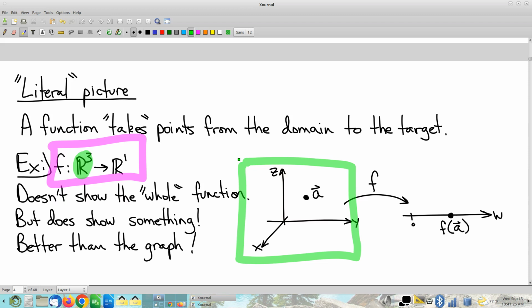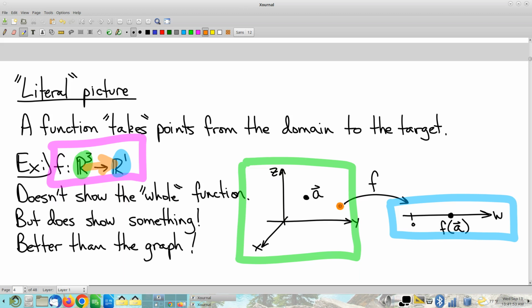I've drawn a little, there it is, that's R3. And then let's see, the next part of a function is the target. Okay, I guess I'll draw that target, R1, the real number line. There it is, literally, right? And then the third part of a function is the rule of assignment, the thing that takes the inputs and gives the outputs. The formula in most cases, right?